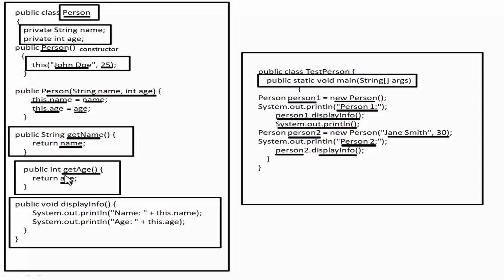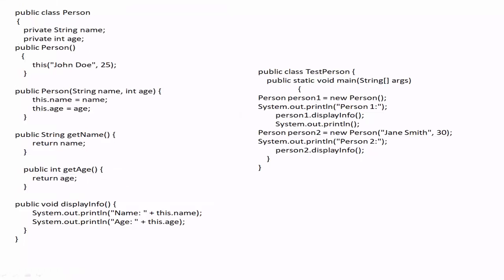Whenever you use this.name, it refers to the name you have set through the constructor arguments, not the private variable declared in the class. So you can access the data members and methods by using this in the constructor.